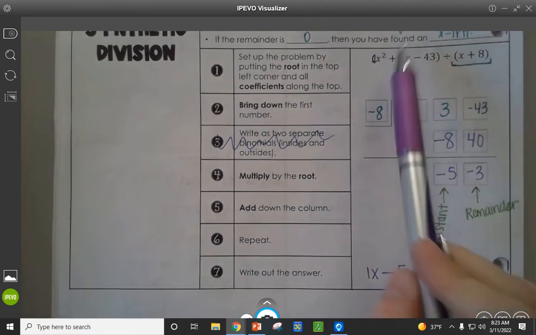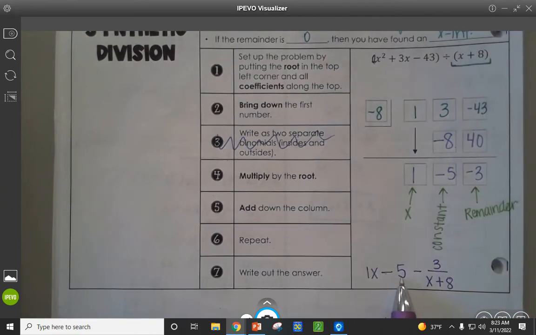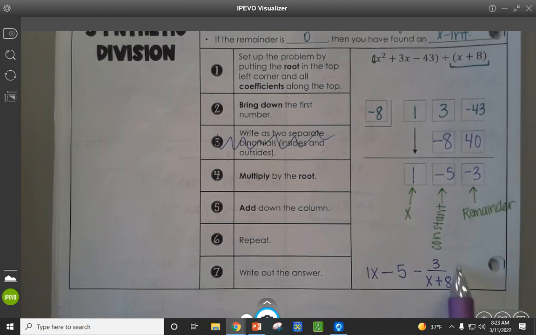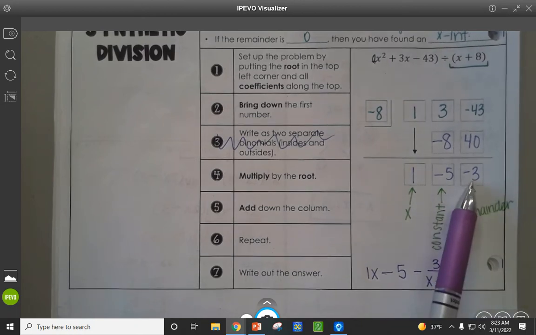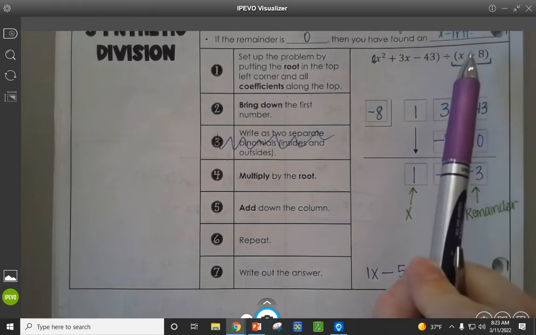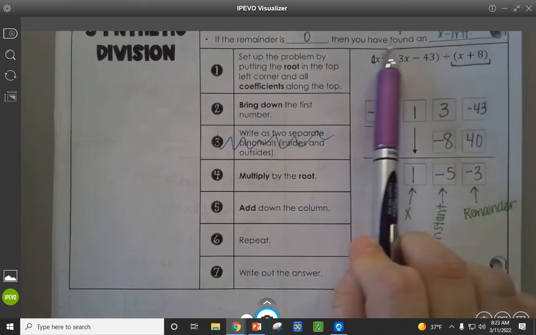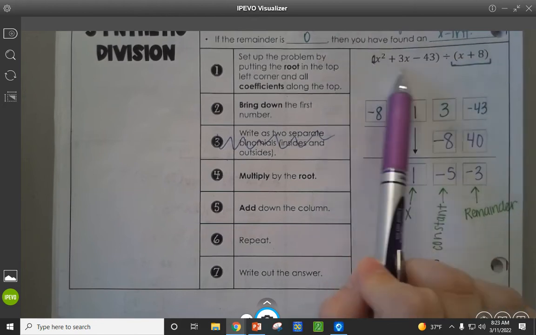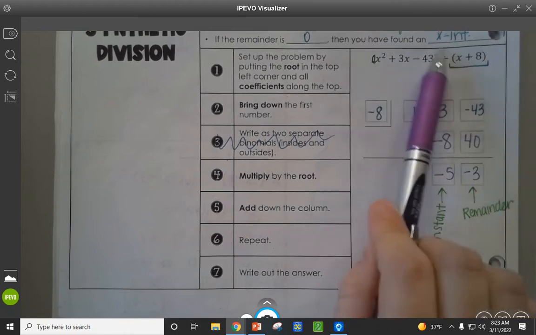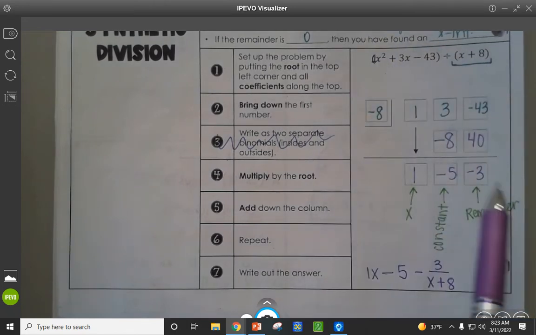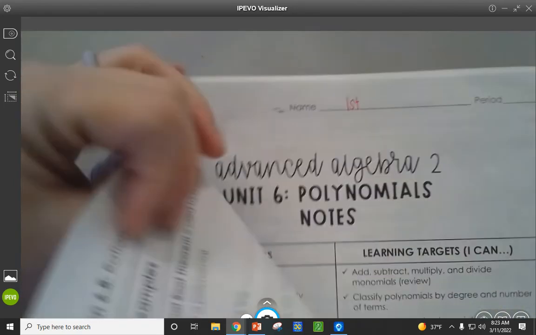So if I were to really divide these, I get x minus 5 minus 3 over x plus 8. Since my remainder is not 0, negative 8 is not an x-intercept to this. So if I were to put this on the calculator, it's not going to cross at negative 8 because my remainder is not 0. So let's do some more examples before you decide that you hate this.